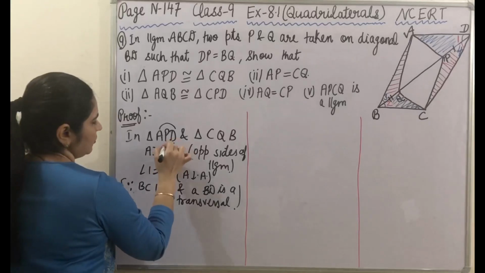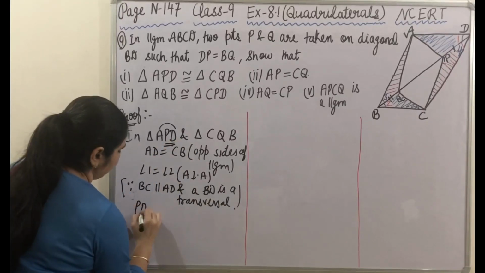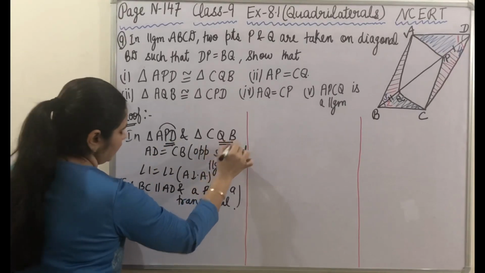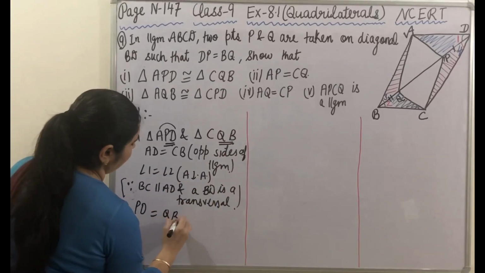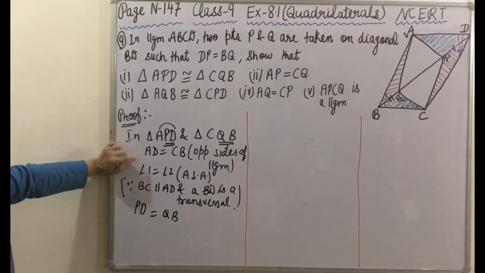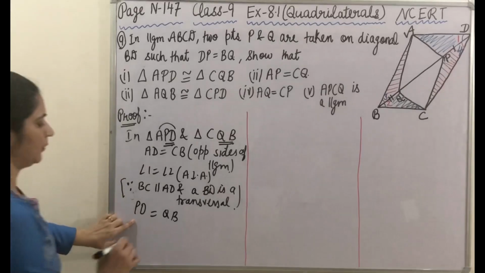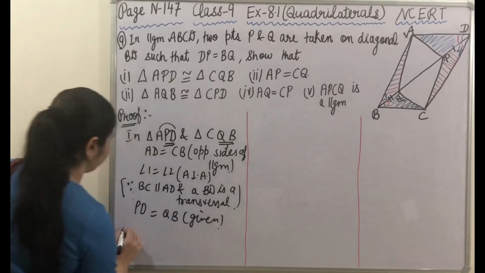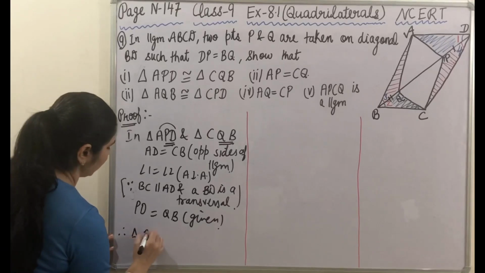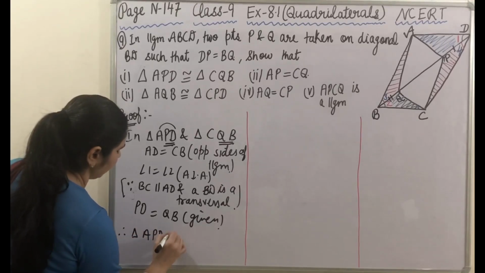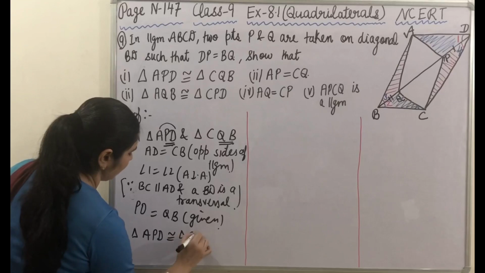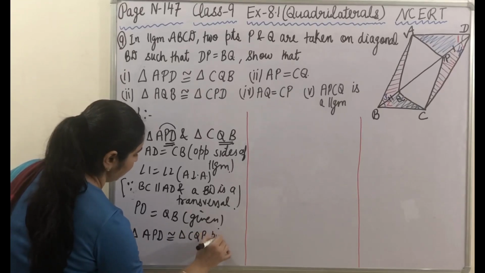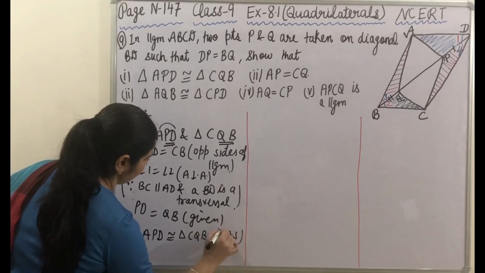So in this triangle it is PD, and in the second triangle it is QB. The criteria is side, angle and side. Both the triangles are congruent. Therefore I can write here triangle APD is congruent to CQB by SAS criteria.